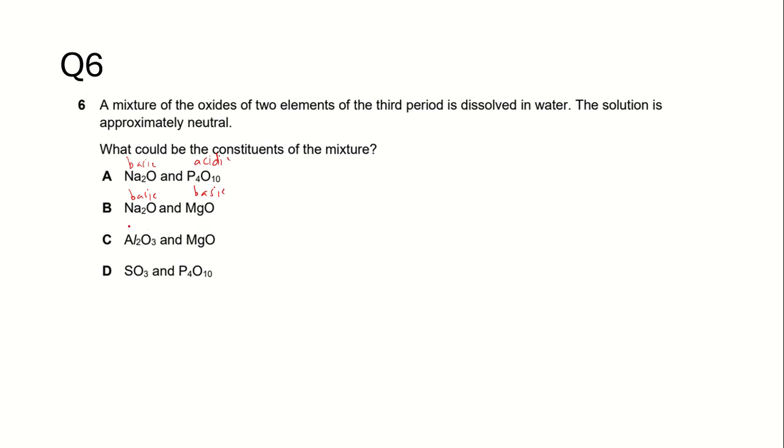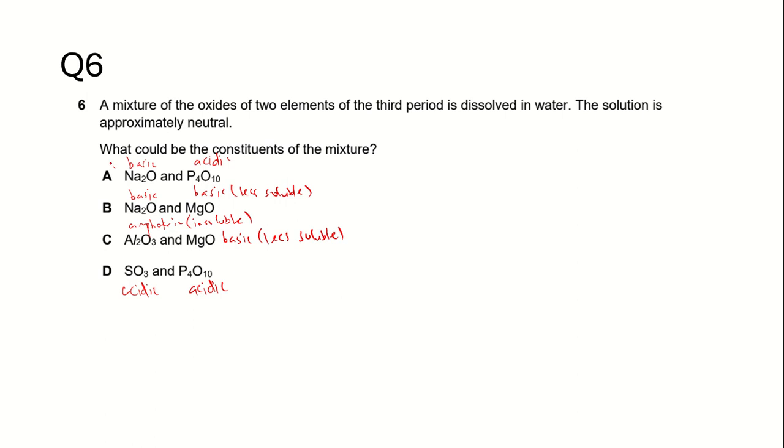Aluminium oxide is amphoteric, but it is not soluble in water. I have magnesium oxide again, basic, less soluble. Sulfur trioxide and phosphorus trioxide are both non-metal oxides, so they are both acidic.